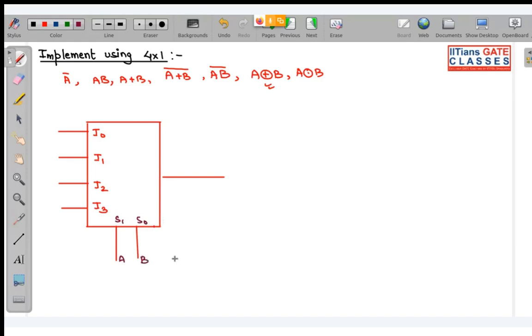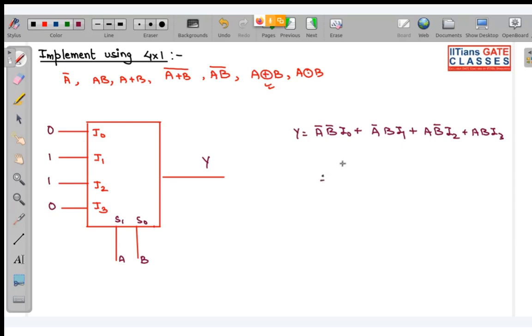So if this is AB, I want to construct A XOR B. If I write Y over here, Y will be equal to A bar B bar I0 plus A bar B I1 plus A B bar I2 plus AB I3. So if I want A XOR B, simply I will take I0 and I3 as 0 and I1, I2 as 1.